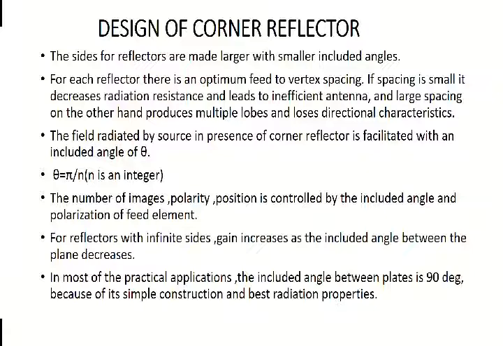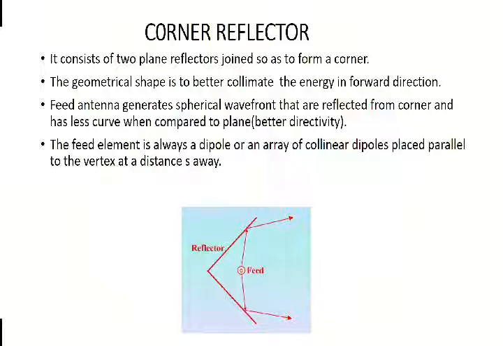However, the field radiated by the source in presence of the corner reflector will be facilitated only with this angle theta, which is pi by n. However, the number of images, polarity and the position is controlled by the included angle and the polarization of the feed element. As we have seen in the previous diagram, this is the feed element.